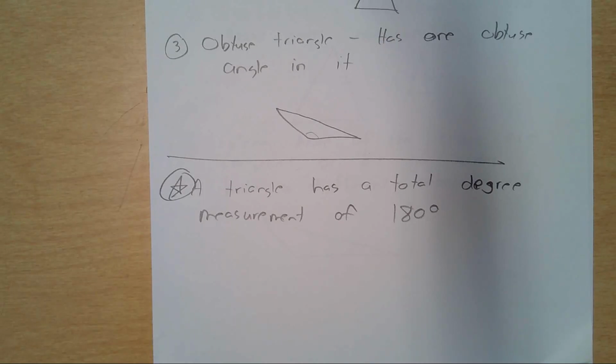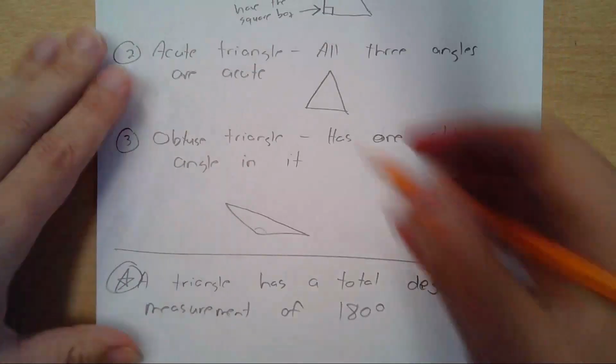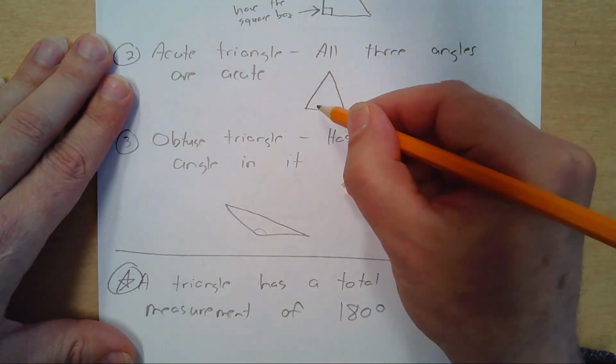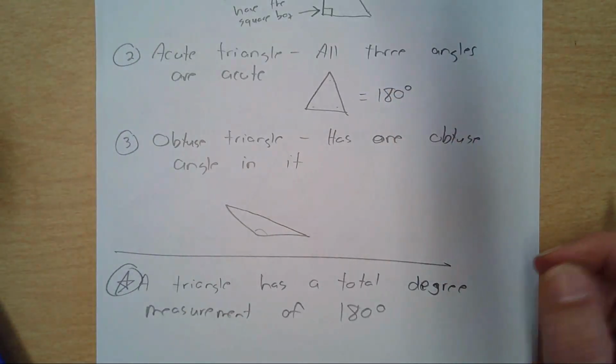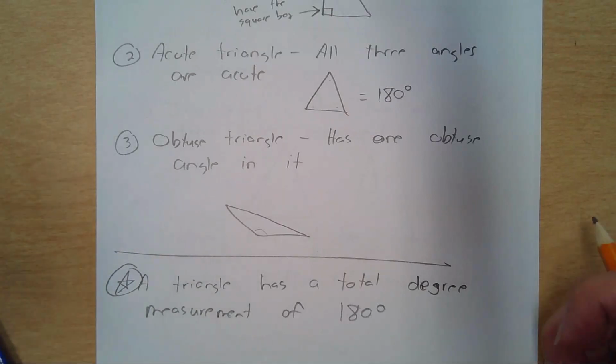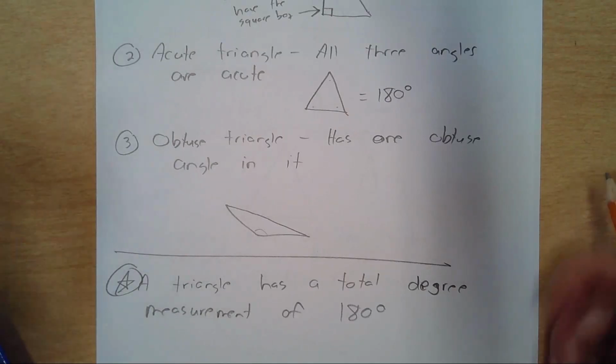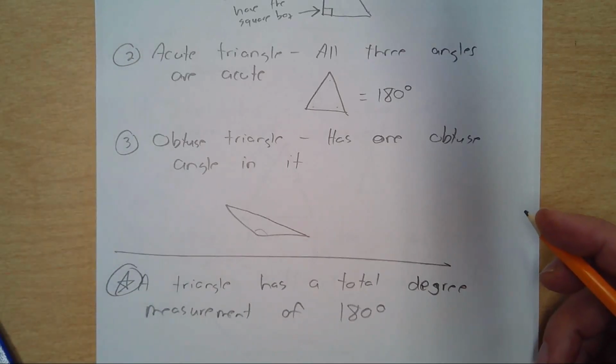Vital information here, truly. In 7th grade, we'll learn a formula to figure out the total sum of the angles and stuff like that. But what that tells us here is for any triangle, and I mean any triangle, if you sat around with your protractor and measured all three angles, they will always total 180 degrees.